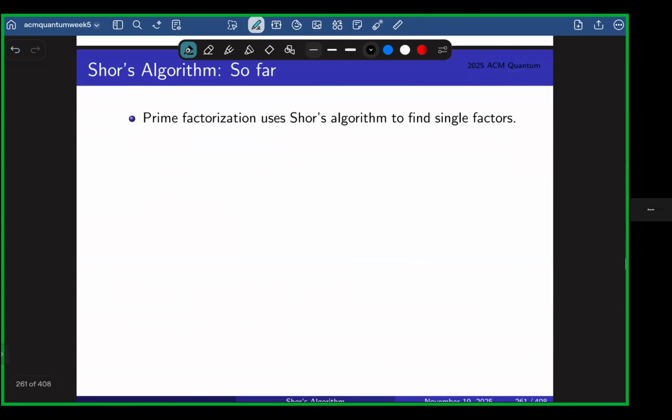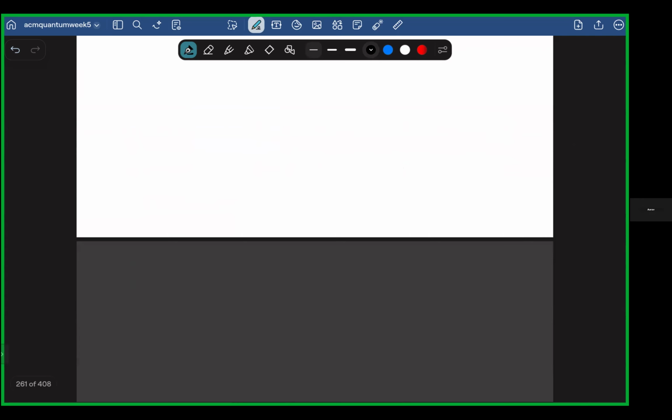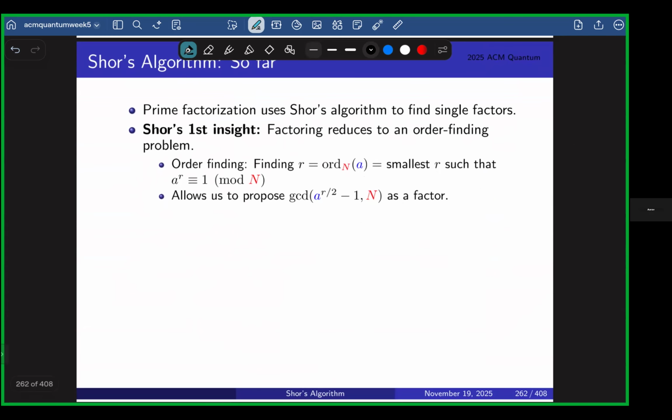Okay, all right. So far in Shor's algorithm, we said that prime factorization is the big problem here. We want to find prime factorizations of large numbers. Prime factorization uses Shor's algorithm, which will find single factors. Next, Shor's first insight was that finding single factors reduces to an order finding problem.